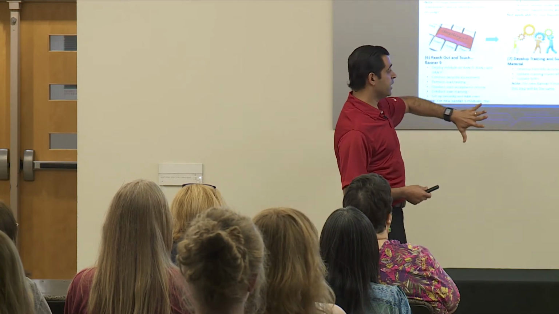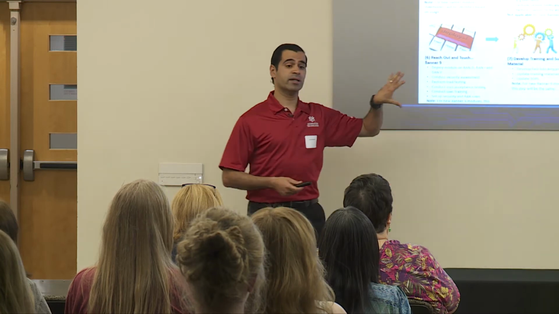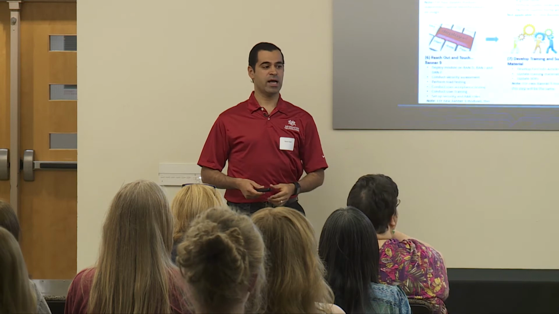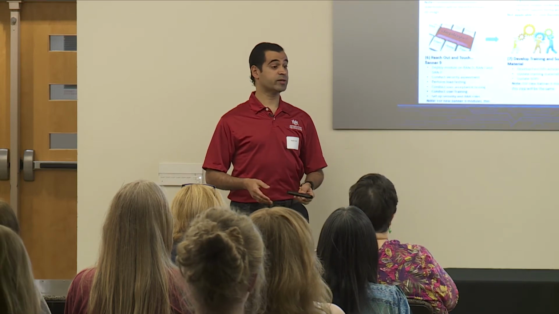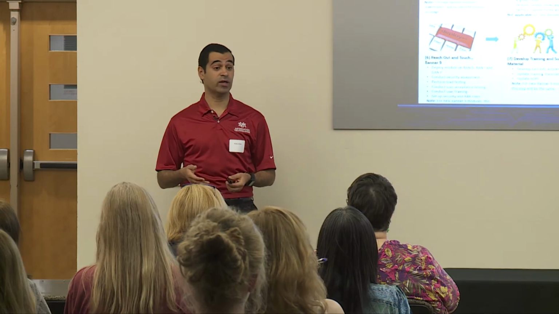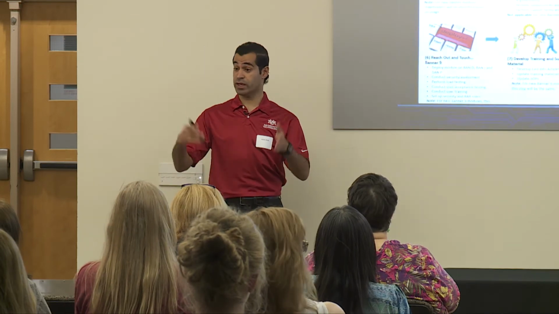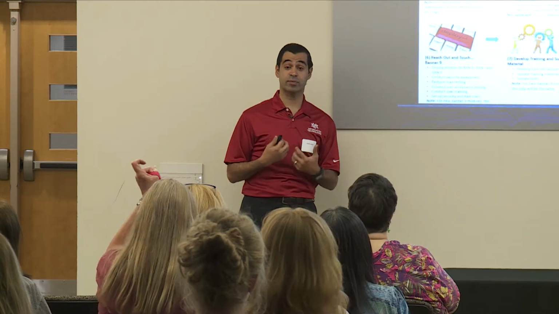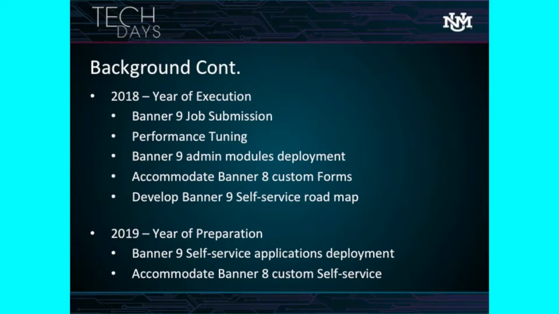At the end of the day, we want to make it a smooth transition from point A to point Z. And we understand each office already has the overhead of the day-to-day functions they have to do. In addition to that, we engage them with Banner 9, which is a very intense process. I'm going to explain later on.